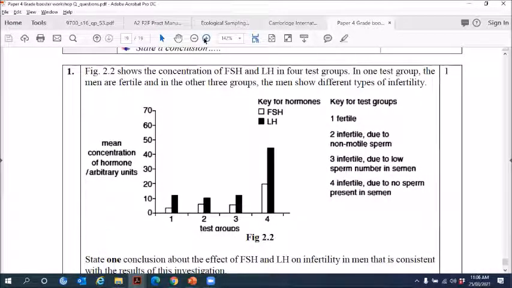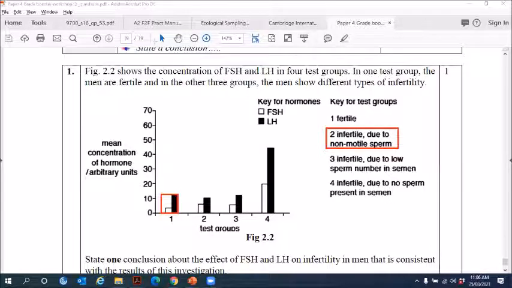First, we refer to the normal level of FSH and LH, which is this one here. This is the normal level. Now group 2 people are infertile due to non-motile sperm, that means the sperm cannot move. So you compare group 2 and group 1.